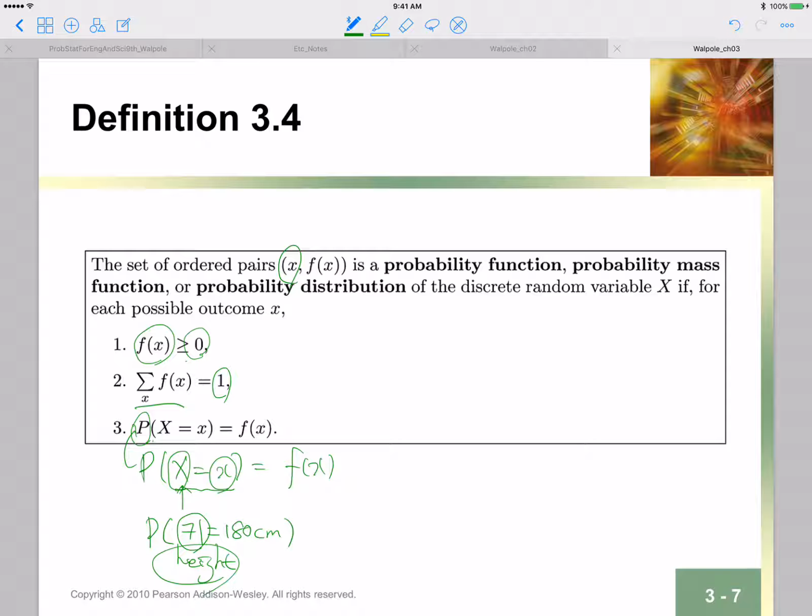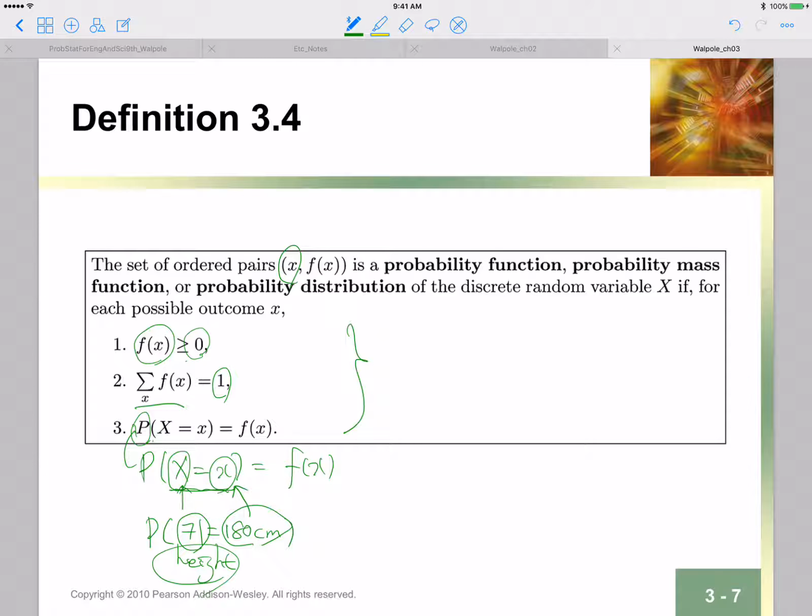And then a specific value of 180 centimeter, this specific value is represented as this small x. Although it doesn't look like making much sense, like X equals x, right? But in this specific case, you have to understand the meaning of large X, the main difference of large X and small x. Okay?